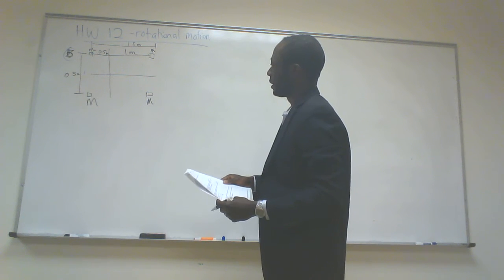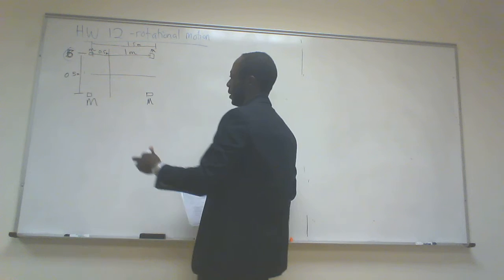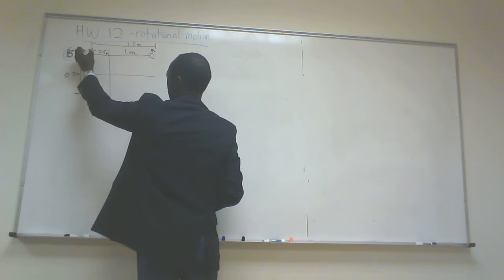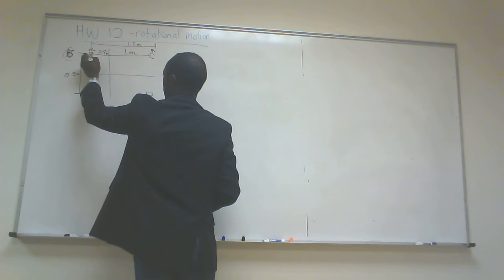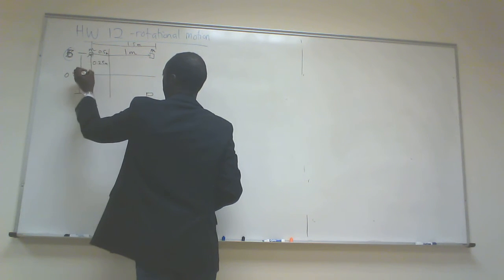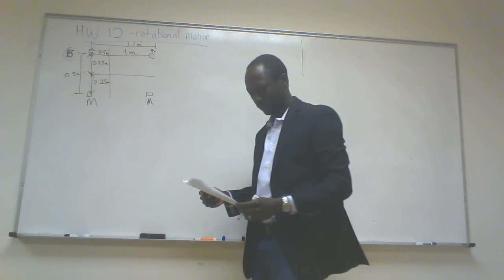And we're also told that the axis is right in the middle between these two. So if this here is half a meter, the distance between this and the axis here is 0.25, and that's split up here to also be 0.25 meters.